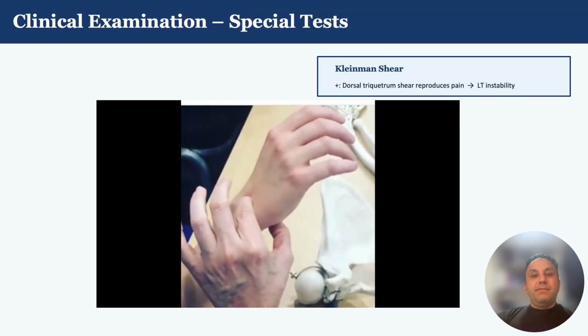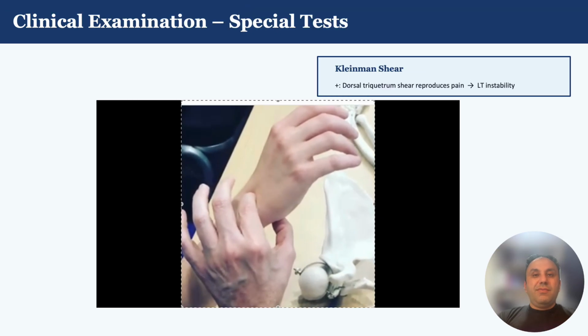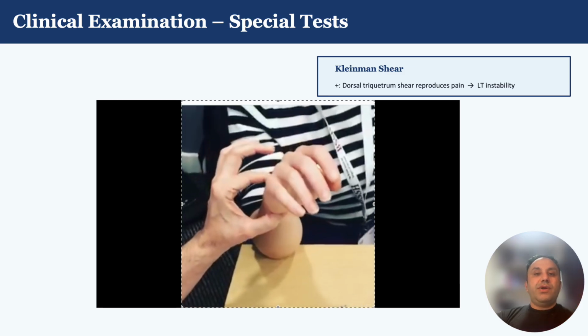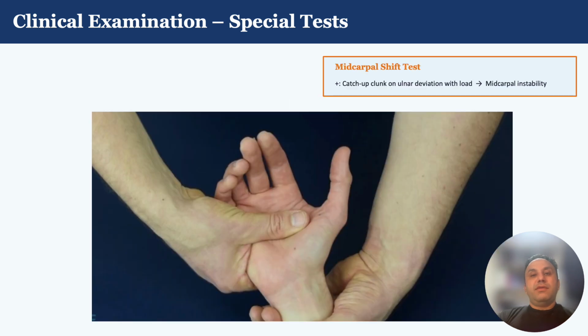With the Kleinman shear test, you keep the wrist and forearm in neutral, stabilize the radiolunate joint with one hand, and with the other hand load the triquetrum and pisiform in the dorsal-volar AP plane to create shear stress across the lunotriquetral ligament. If there is a clunk, that is a positive test.